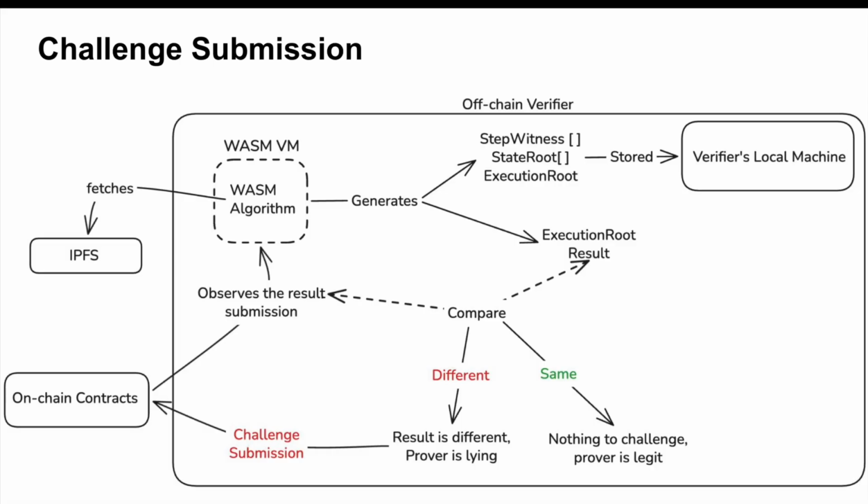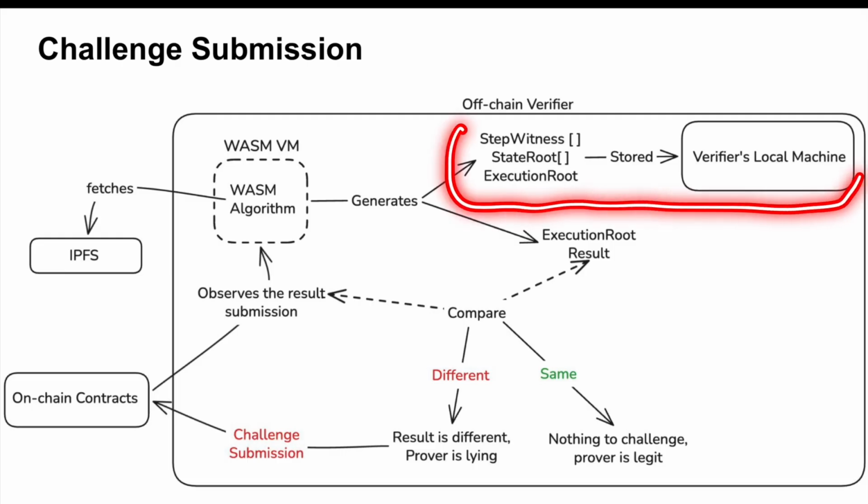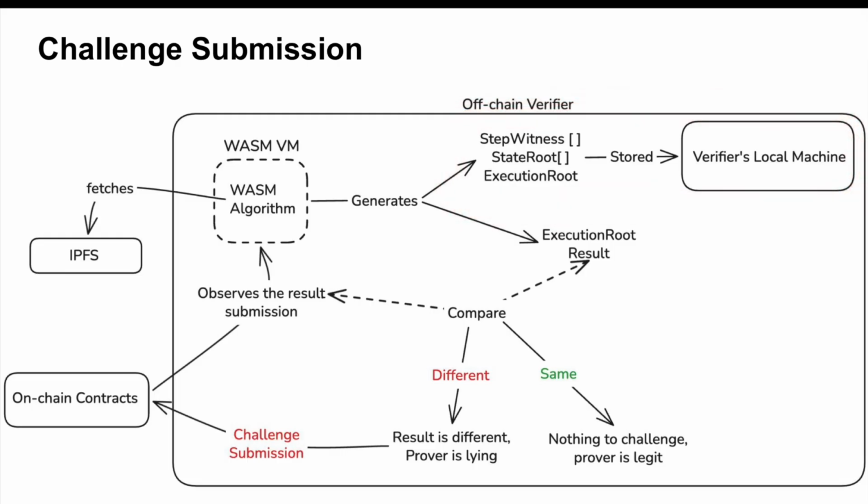When he sees a result submission, he goes to the same IPFS address, fetches the same algorithm, and executes it, and the WebAssembly virtual machine generates the exact same structures. He stores these same structures as the prover on his local machine. It also generates the execution root and result.